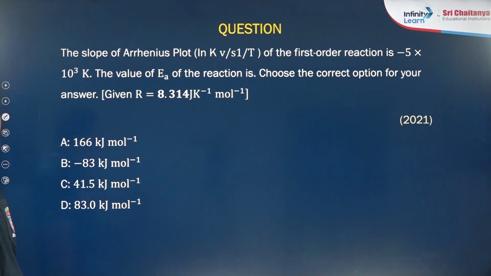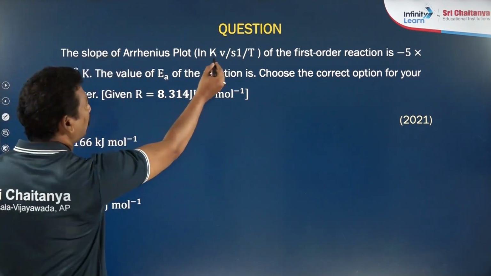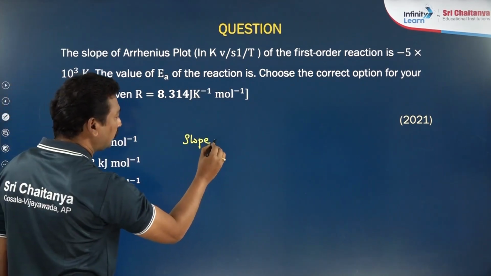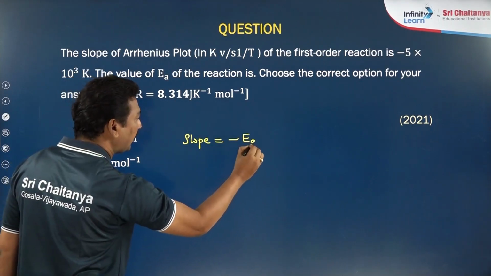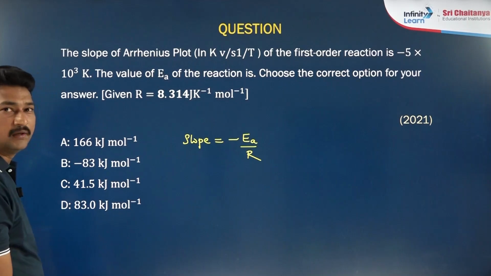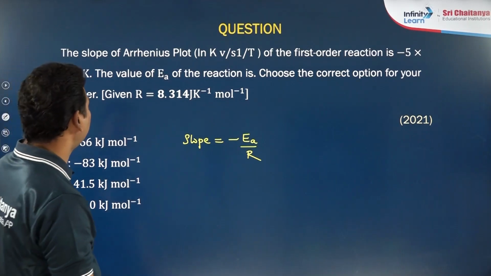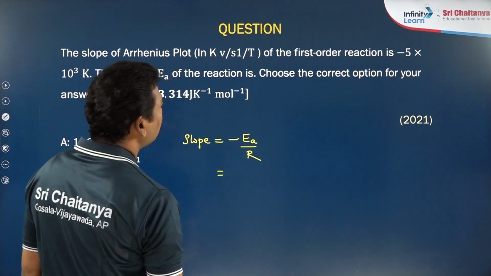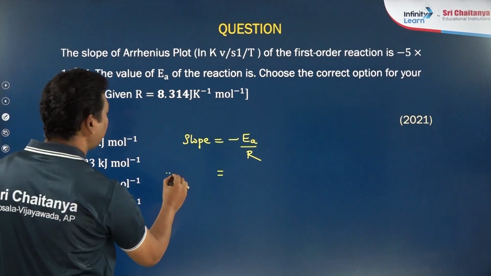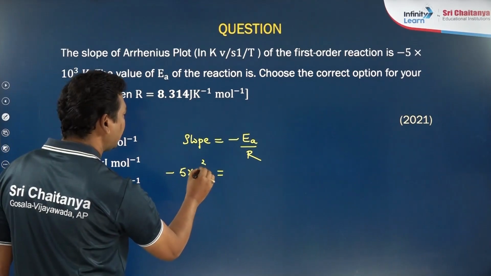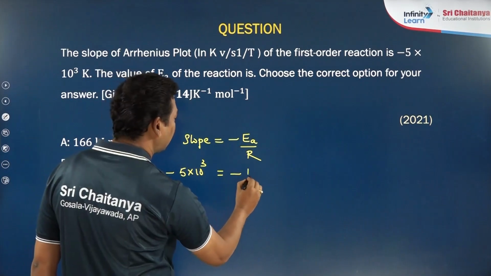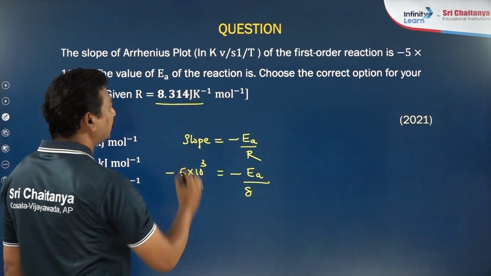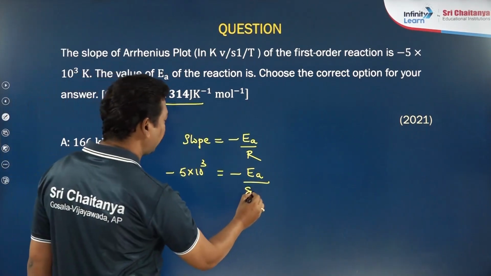How can we calculate the slope? We discussed this. The plot is drawn between ln K versus 1 by T, and what is the expression of the slope? Minus EA by R. So, the slope is mentioned as minus 5 into 10 power 3, which is equal to minus EA by R, where EA is the activation energy we need to calculate, and the R value is given in the question itself, 8.314.